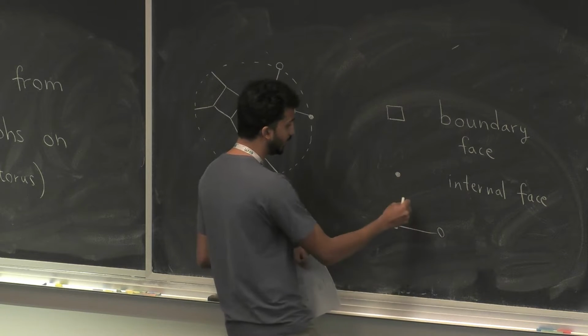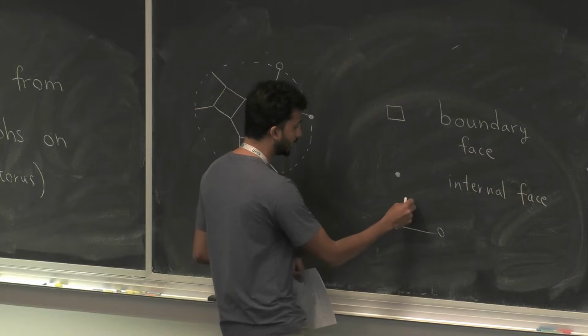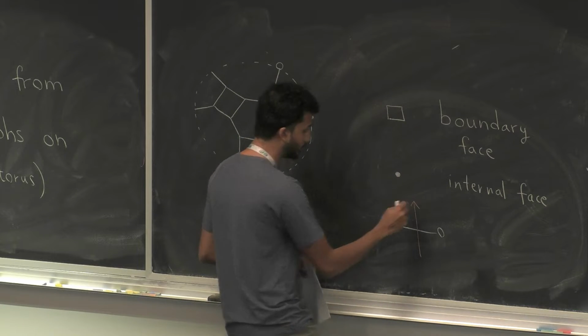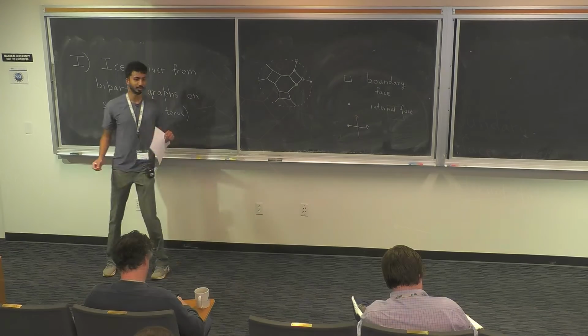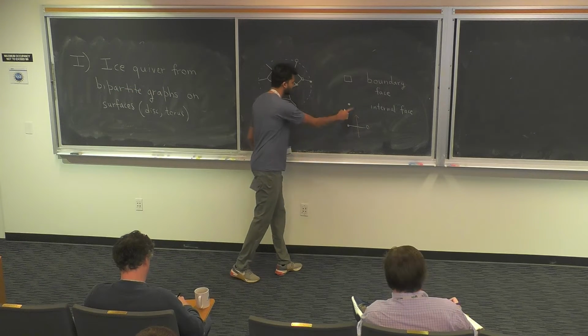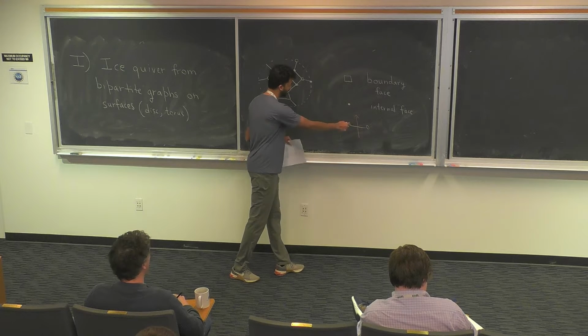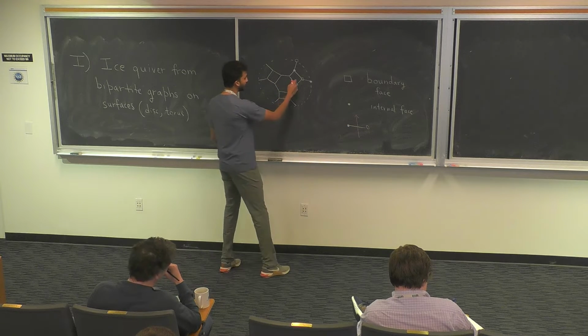So anytime you have an edge, you have two faces on either side, and you draw an arrow like this such that the white vertex is on the right. You could also use the other convention, but it doesn't really matter.